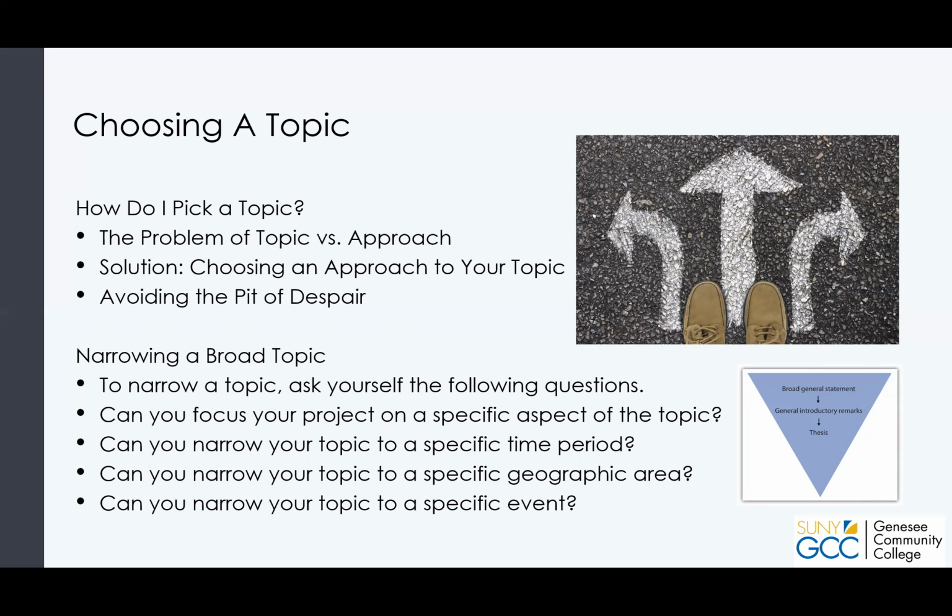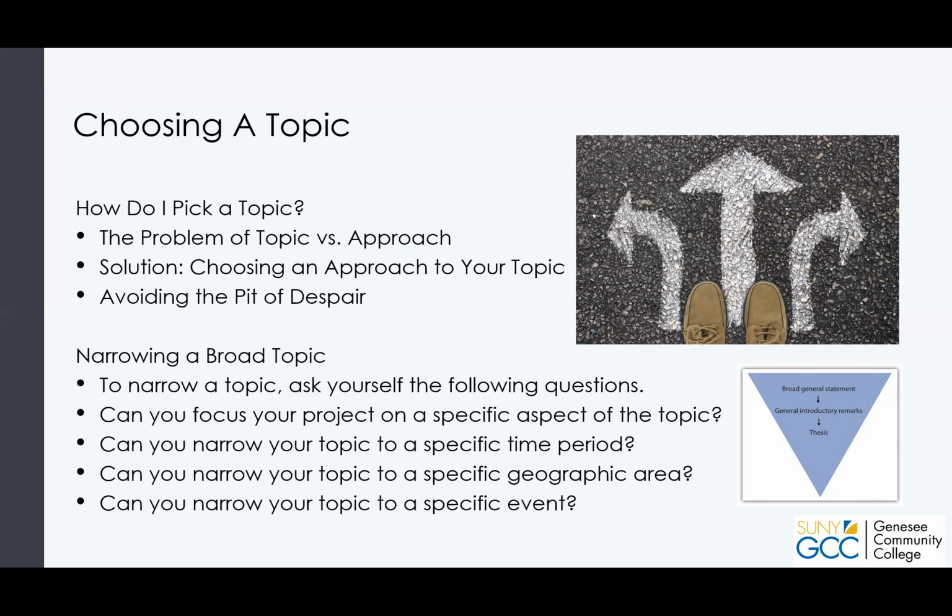This is much like taking all the information and tossing it in a funnel, okay? So we're gonna start with a broad general statement like you see in our upside down triangle here. For example, cars, okay? That is a very broad general statement. Cars are cool, I like cars. Or I wanna buy a car, I'm interested in new car technology.